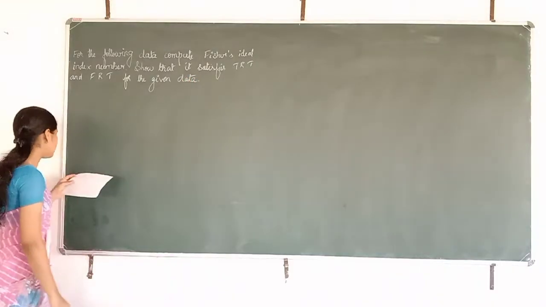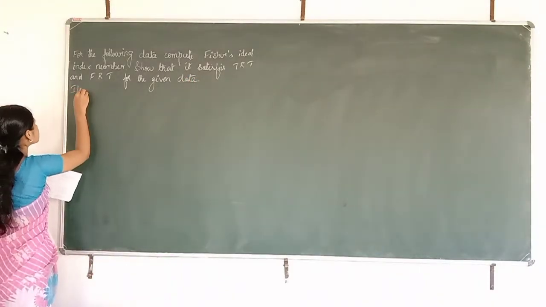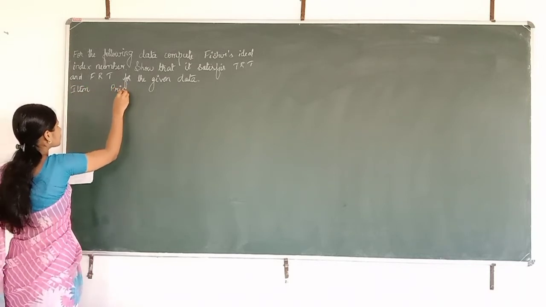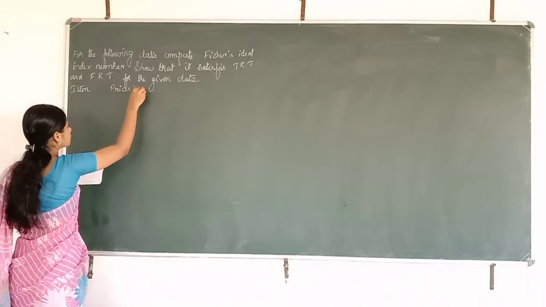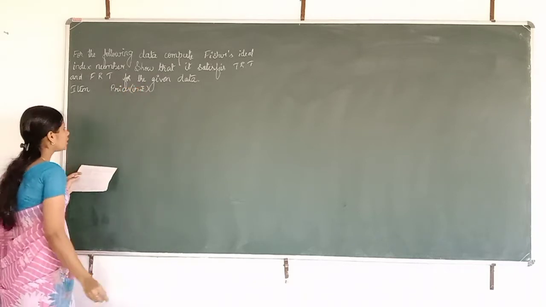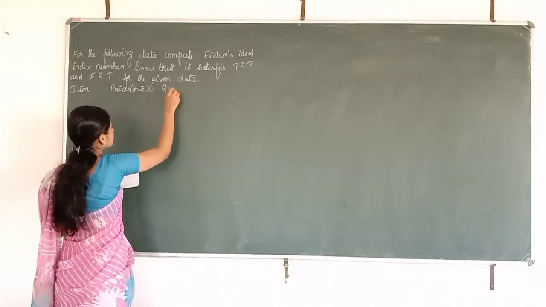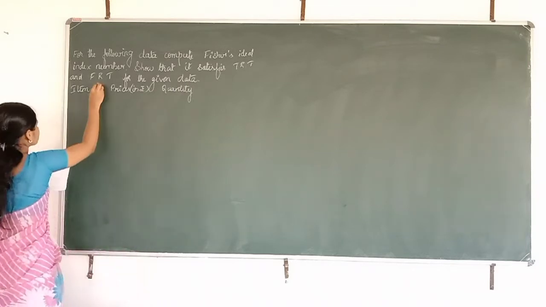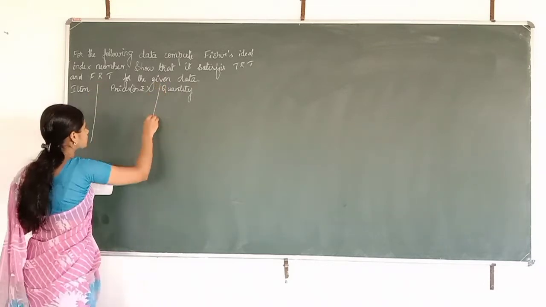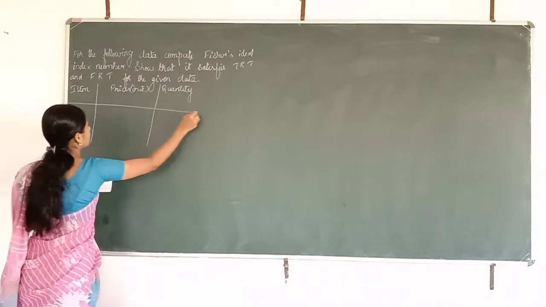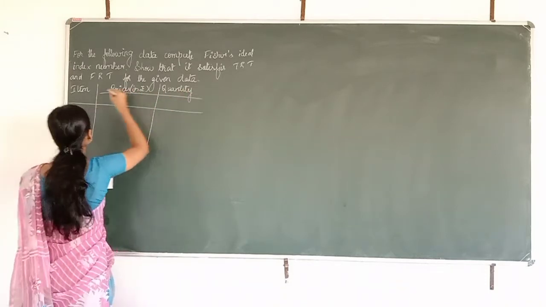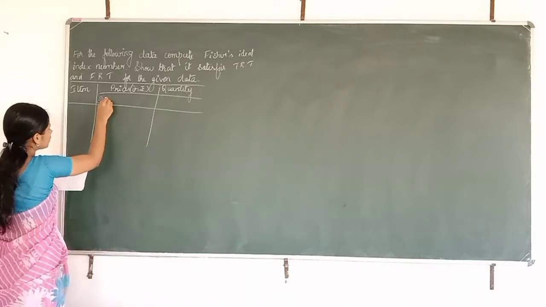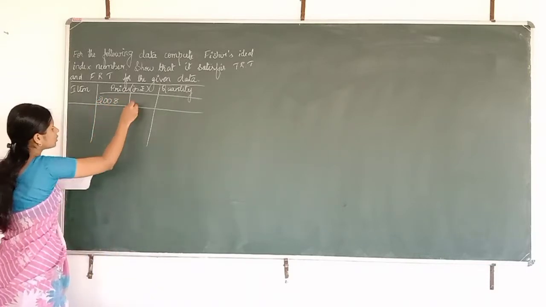And the data given is item, next prices in rupees, next quantity. Prices in rupees, that is 2008 and 2009.